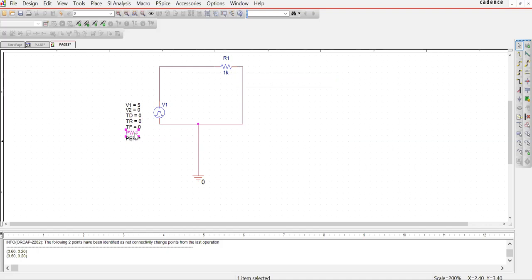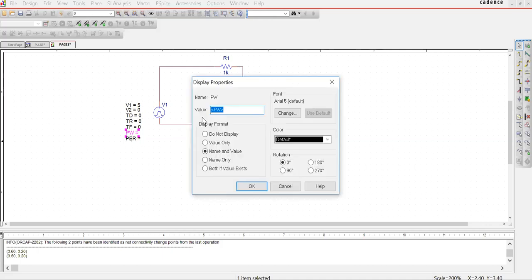Now, pulse width is basically the on time. A pulse has two things, an on period and an off period. On period means the duration for which it remains high, off means the duration for which it remains low. Low means V2, which is 0 here, and high means V1, which is 5 volt. So pulse width, let's say I'm making it 1 millisecond.